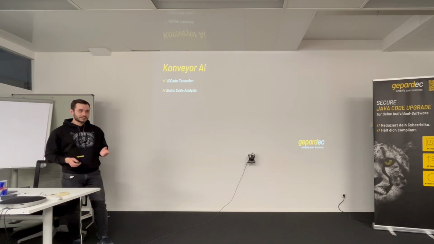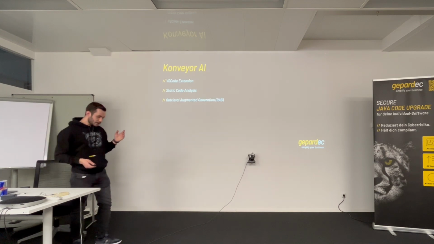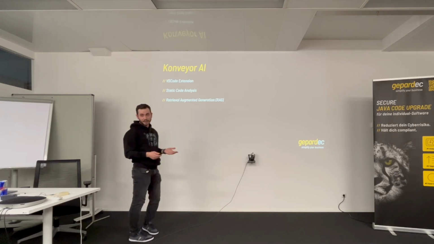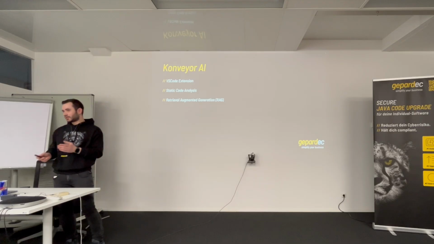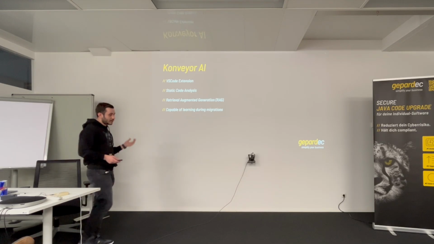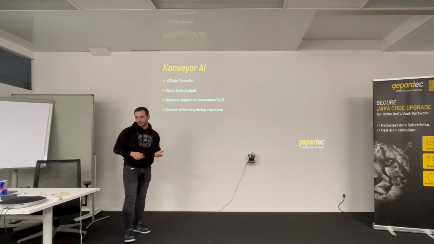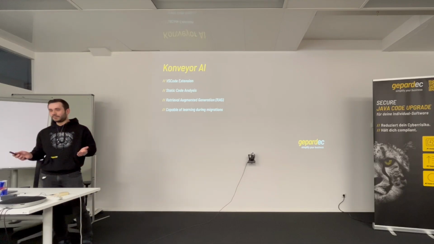It makes use of static code analysis. It also uses RAG for certain features, actually only one feature I'm aware of, and is capable of learning during migrations as well. But that depends on how you use it and whether you want to use that feature.